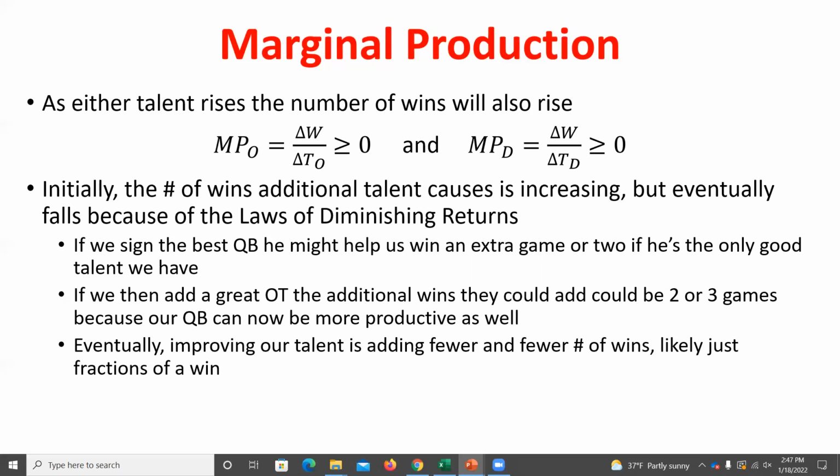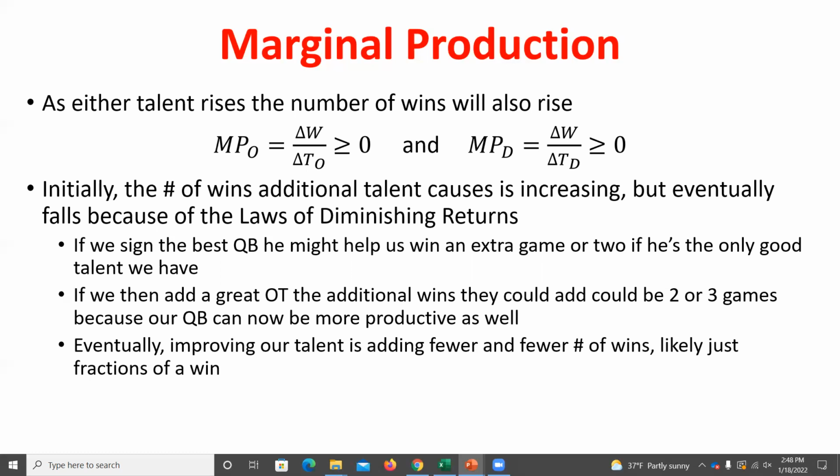I don't know if this is the case, but let's think about quarterbacks and backup quarterbacks. Can you think of a scenario where maybe marginal productivity becomes negative? Who played last night? Let's say I have Matthew Stafford on my team, a pretty good quarterback.